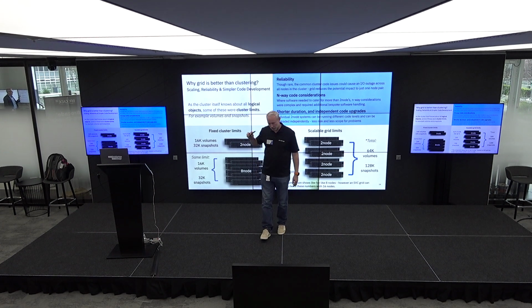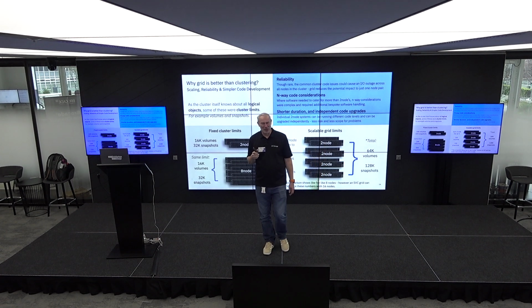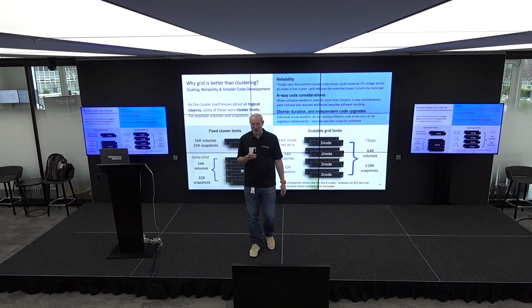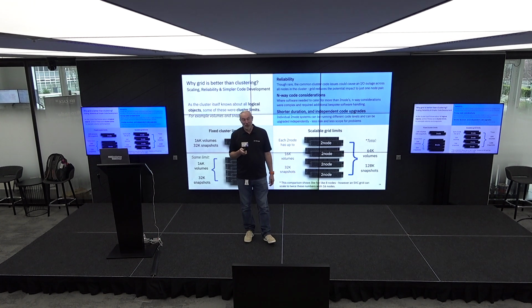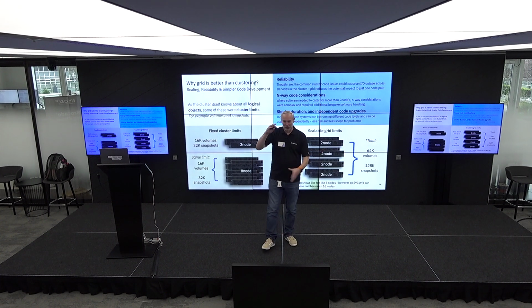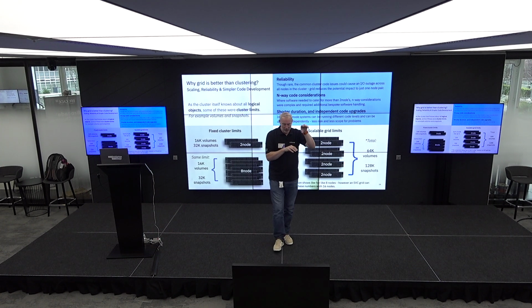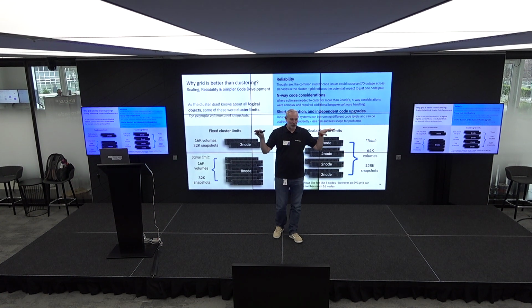Not that we ever put bugs in our code, but on the rare situation, and it's been hopefully quite a long time since these have happened, that something happens in cluster state. Those of you who have been around for a long time will know we have a separation of cluster code and agent code, as it's called, running on the nodes. The cluster code is common, and essentially it's running independently, but they're all doing the same thing at the same time.